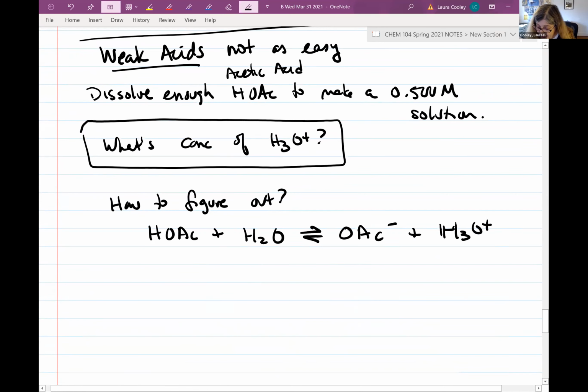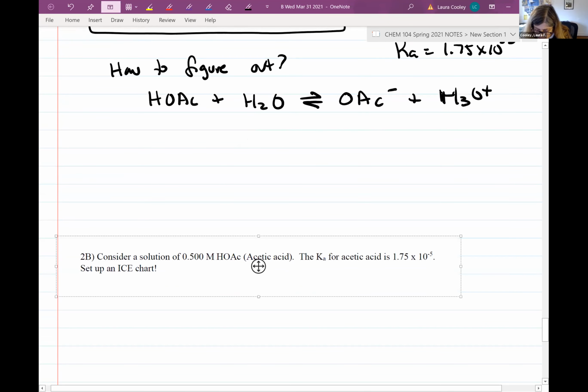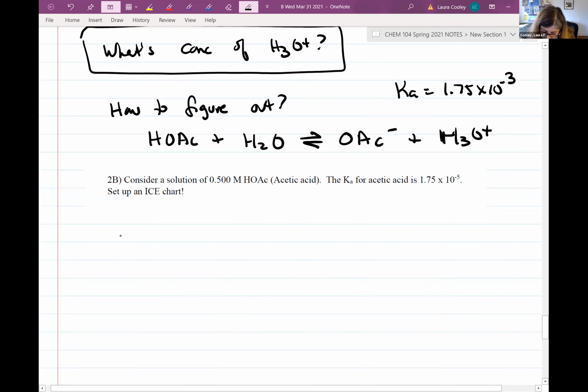And we have a Ka. So we're going to have to set up an ice chart to figure out the concentration of H3O plus.